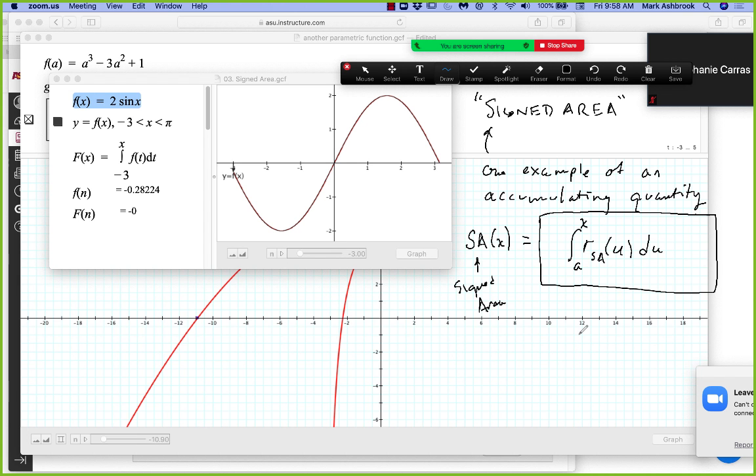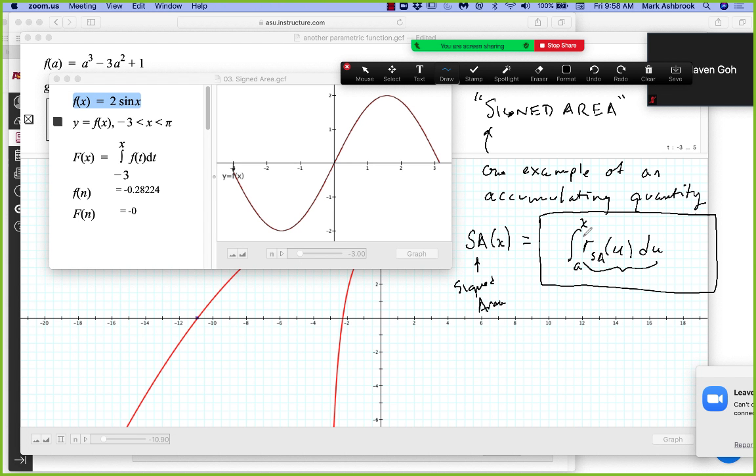So this is the idea. If you wanted the accumulation of a quantity, you do the integral from a to x of the rate of change du, the rate of change times du. And what does that represent right there? Rate times a little change in x represents what? A small change in signed area.